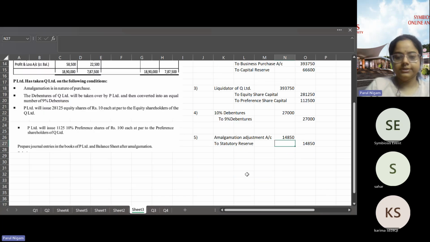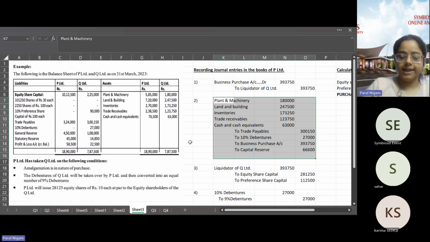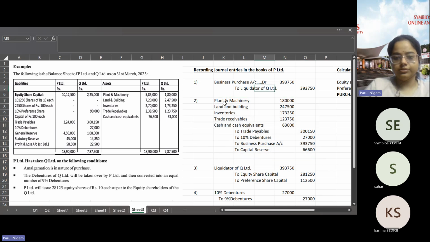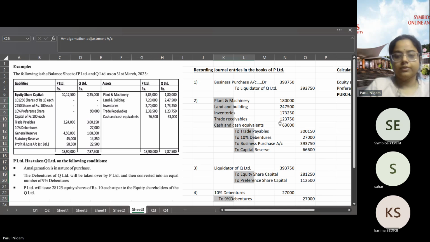Fine. After this, you will be preparing a balance sheet, which is exactly the same. You are going to record all the assets, liabilities, whatever balance. So you will be recording these accounts. When you record all of these, you will be getting a balance sheet. Because we have time limitation, I'll show you the kind of balance sheet which is going to be prepared.